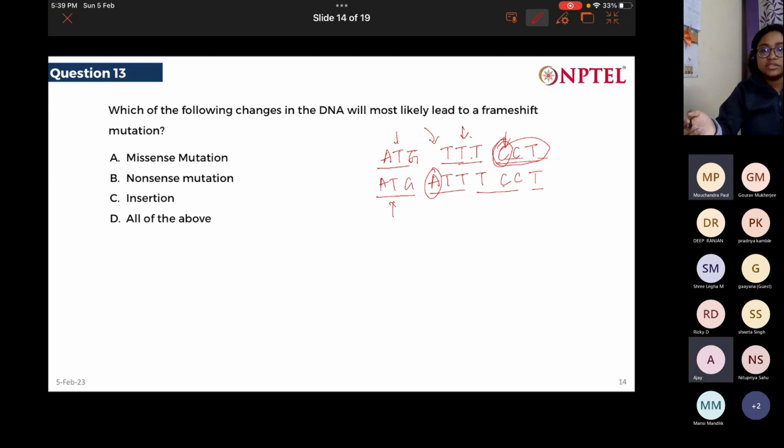So the correct answer will be insertion, right? Because of insertion, we get a shift in the open reading frame, and the resulting amino acids after that are changed. So the answer is C.